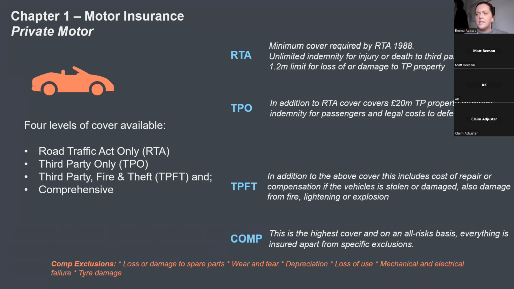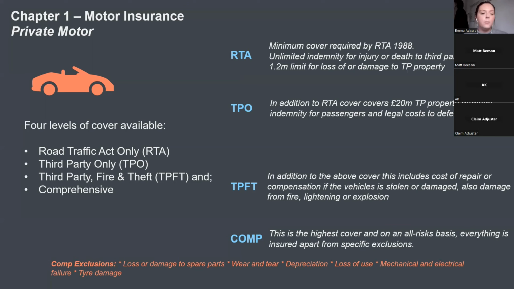Then your third party only cover is in addition to that RTA cover, because it also includes some property damage, passenger indemnity and legal costs. The next level, third party fire and theft, again in addition, covers repair or compensation if the vehicle's stolen or damaged, and also covers fire, lightning and explosion.